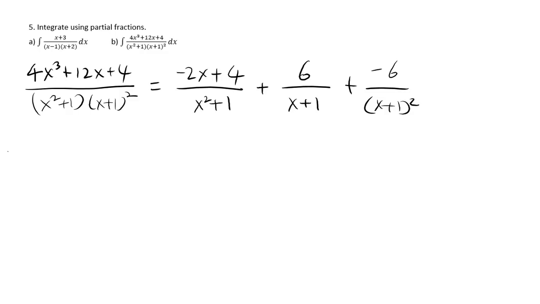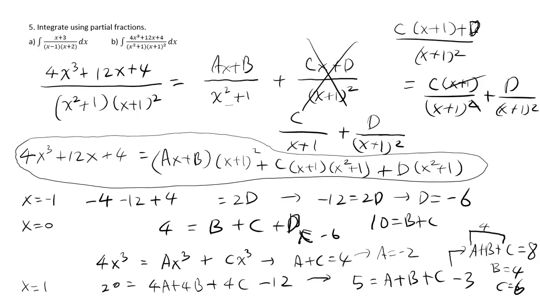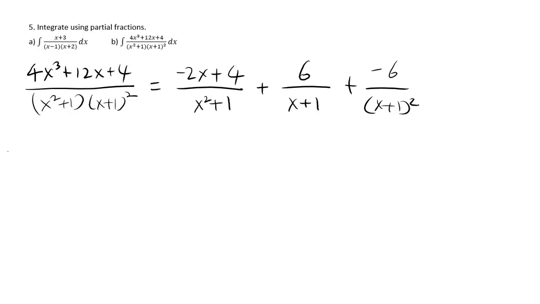So this is what we get. Let me just check. c is 6, b is 4, d is negative 6, a is negative 2. Okay, so that's what we have.